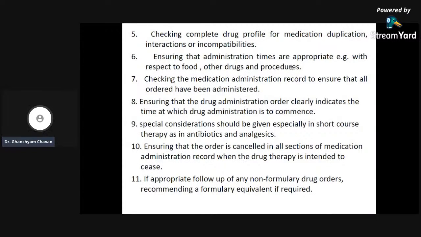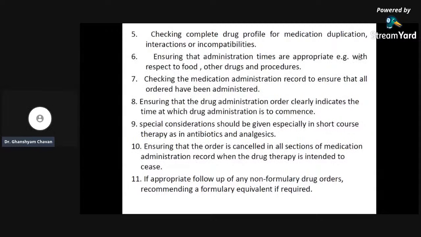Because suppose you give a drug like diazepam or lorazepam at daytime, what will happen? The person will face drowsiness and sleep will occur, and if the person is driving or working with heavy machinery, an accident will occur. So that's why the proper time is also very important.